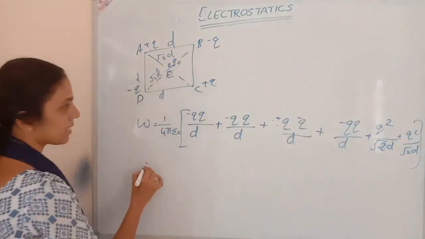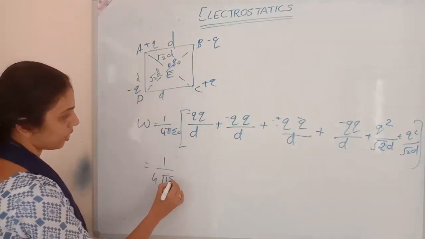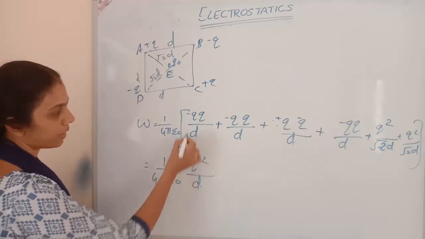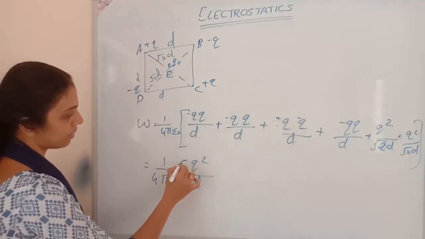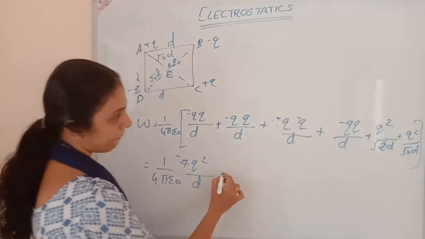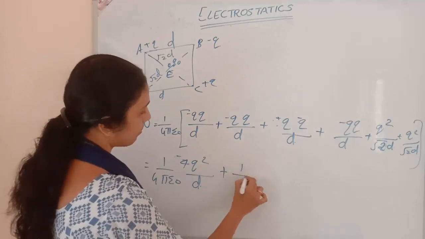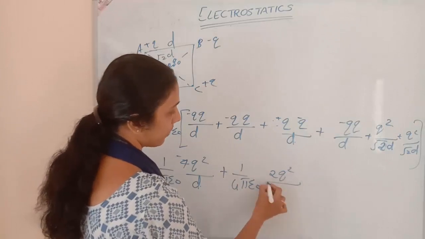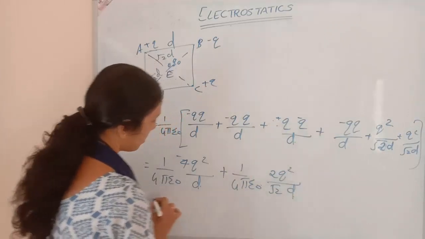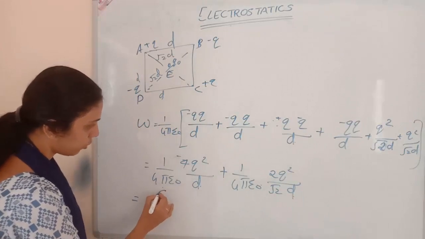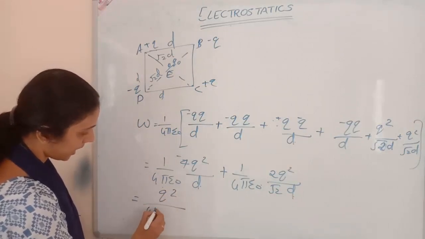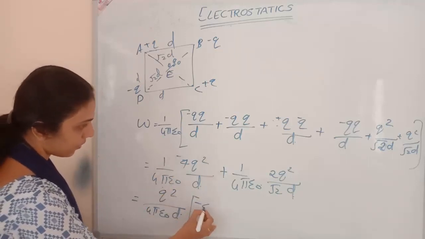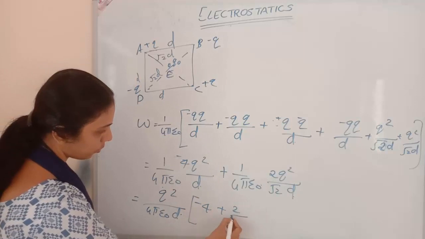So we will get 1 by 4 pi epsilon 0 times minus Q squared divided by D, and there are 4 such terms, plus 1 by 4 pi epsilon 0 times 2 Q squared divided by root 2 D. Taking Q squared by 4 pi epsilon 0 D common, we get minus 4 plus 2 by root 2.